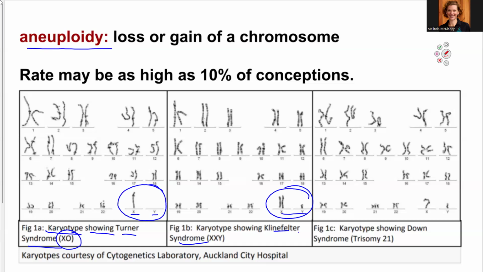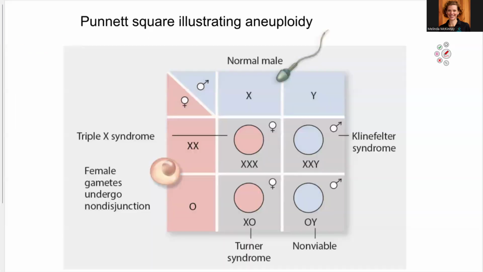Down syndrome: we get an extra copy of chromosome 21, trisomy. When that chromosome split, there's just an extra copy there, and that results in that genetic condition. This is showing an example of a Punnett square where you might have an unequal distribution of your sex chromosomes. The male is normal up here, and this is triple X syndrome over here.